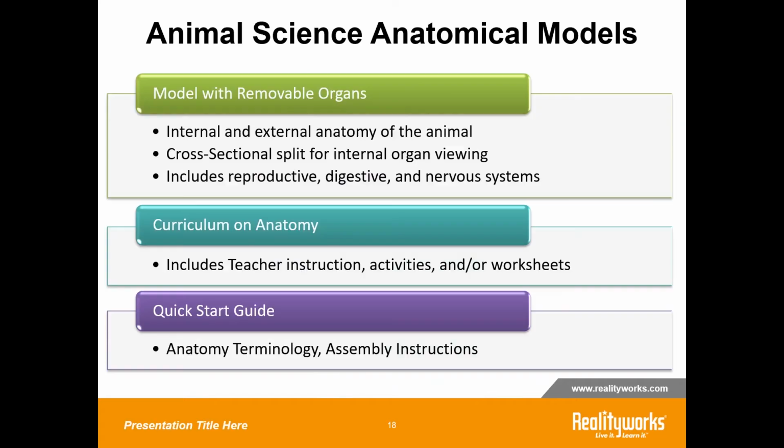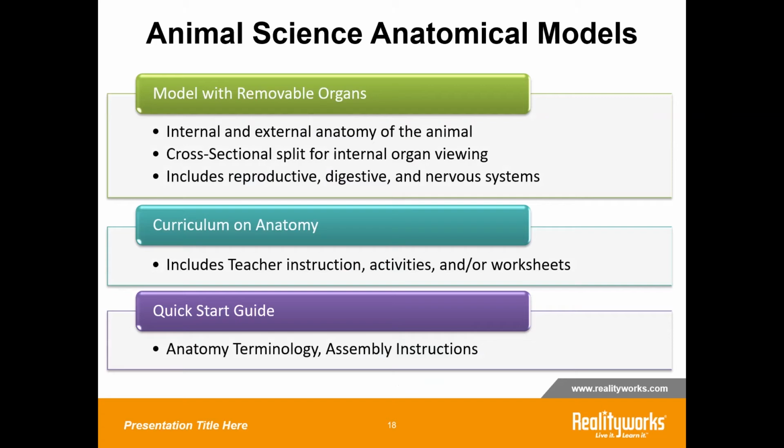All of this helps bring simulation to life, but it helps your students engage and learn through using simulation. Now, in our world, we have some just amazing animal science anatomical models. Every single model that we have includes removable organs, allowing students to take apart the organs, take the organs out of the body. It is a cross-sectional split of these organs so they can see inside, be able to understand.